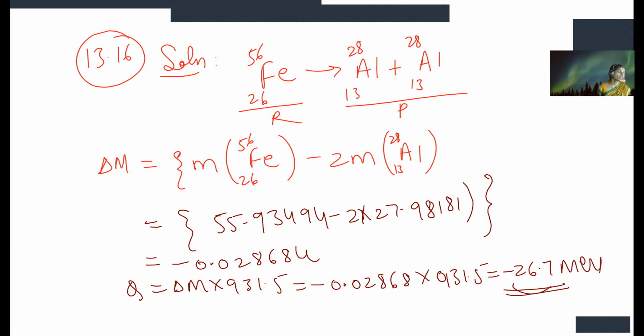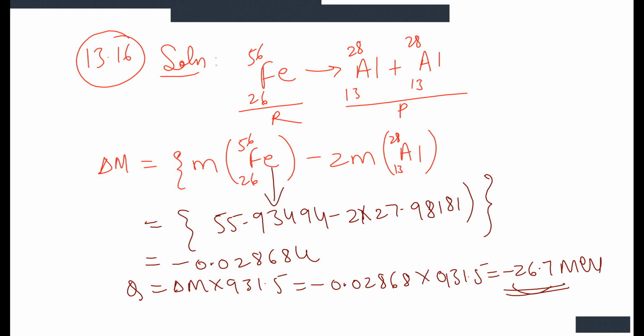And same thing, Q value is calculated by using the formula Q is equal to delta M into 931.5, and if you simplify that, then we are getting Q value is minus 26.7 mega electron volt. So here I substituted this one. Mass of iron I showed here, and 2 is kept as it is, mass of aluminum is kept as it is.